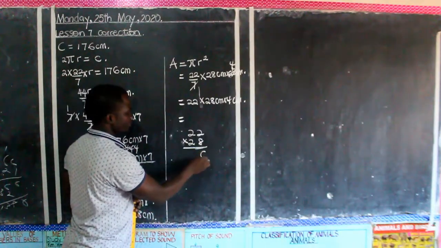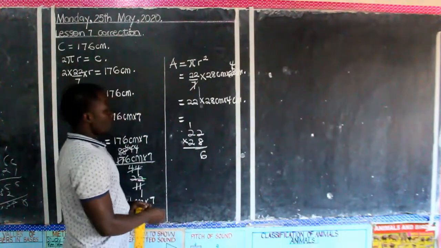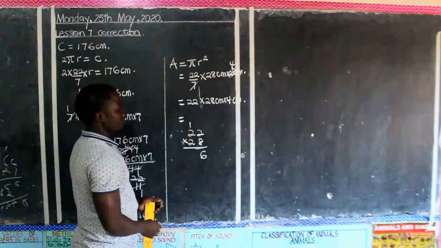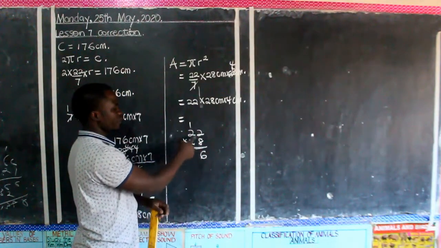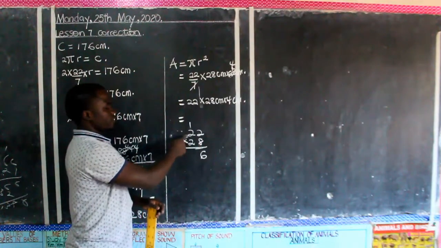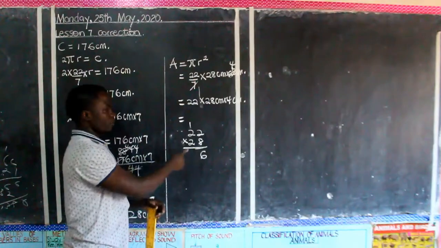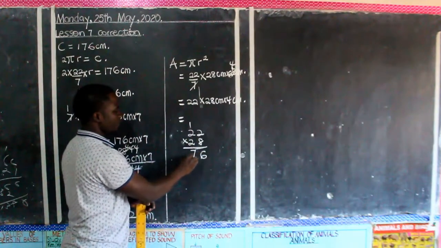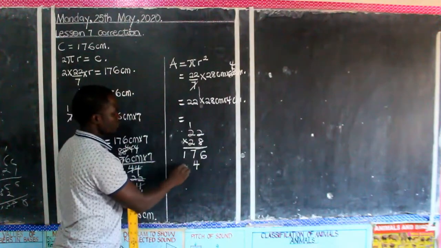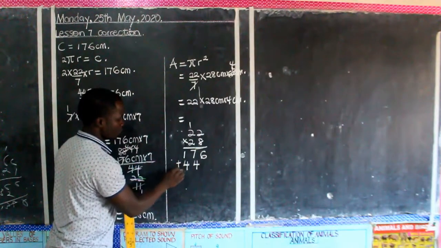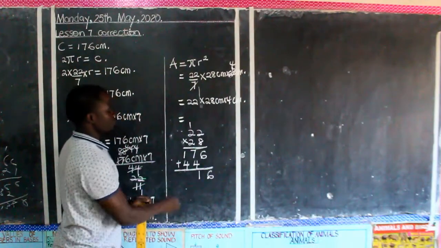8 times 2, 16. Write 6 and carry 1. 8 times 2 is 16, plus 1, 17. 2 times 2, 4. 2 times 2, 4. Then you add. What do you get here? 6. This is 11, write 1, carry 1.